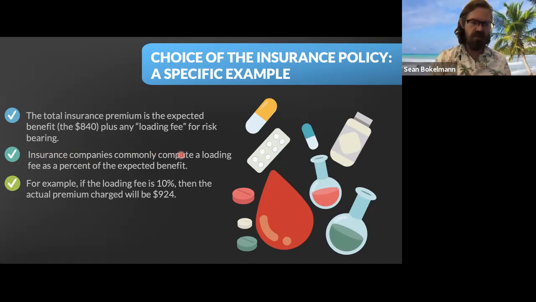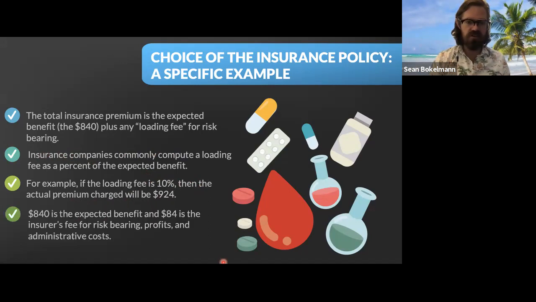So for example, if the loading fee is 10%, then the actual premium charged will be $924: $840 for the expected payout plus $84 for the loading fee. That's where 924 is coming from, 840 plus $84. So this would be a possible premium charged to the consumer.